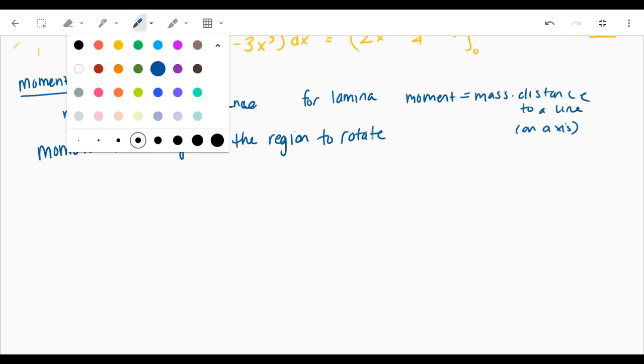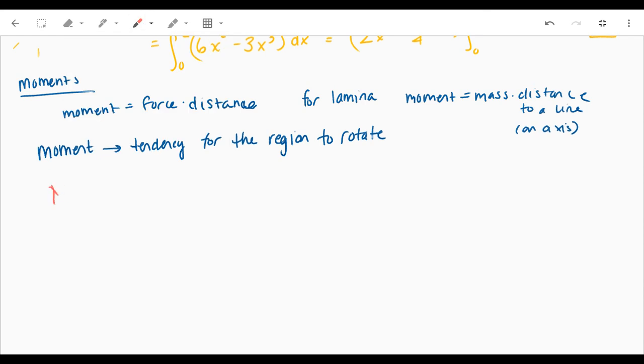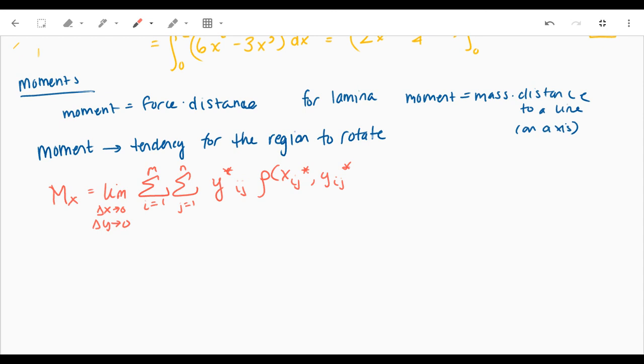And then it makes sense when you talk about the equation. The moment about the x-axis is the limit as delta x goes to 0 and delta y goes to 0 of the sum from i equals 1 to m, j equals 1 to n, of y star ij, rho of x ij, y ij times your area.